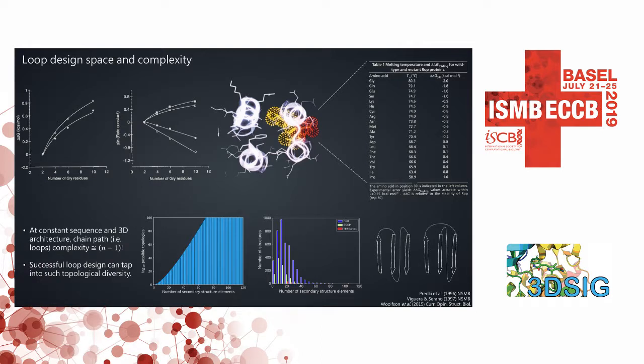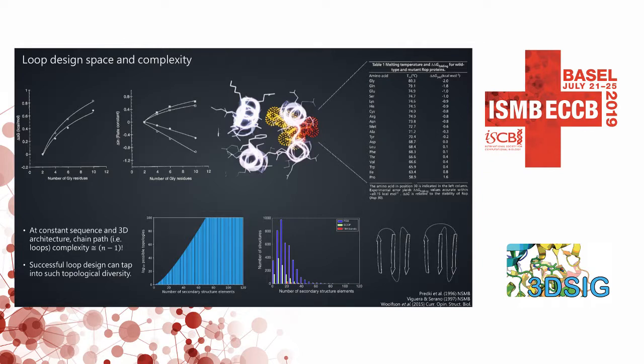But more important and more strategically about loops, if we have an arrangement of secondary structures in space, that is a protein architecture. If we have this architecture, the combinatorics of connecting these secondary structures in space can explode in a factorial term. So this is a statistic of the number of structures in the PDB and the number of secondary structures in each of these domains, plotted against the linear scale of the number of structures.